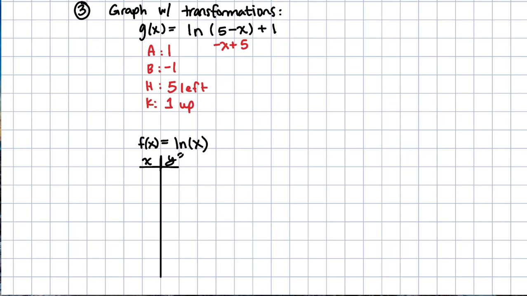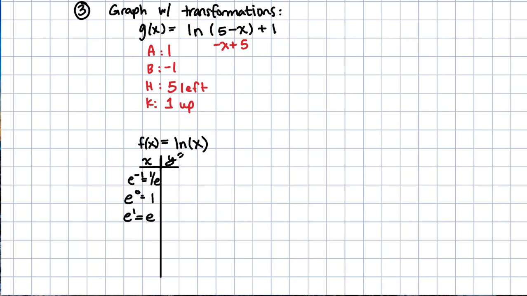So for the points on the parent, make good choices. Don't choose numbers that are not powers of the base. If my base is e, when I think about x values, I want to think in terms of e's. What are some easy powers of e? I think that e to the -1, e to the 0, and e to the 1 are all easy powers of e.